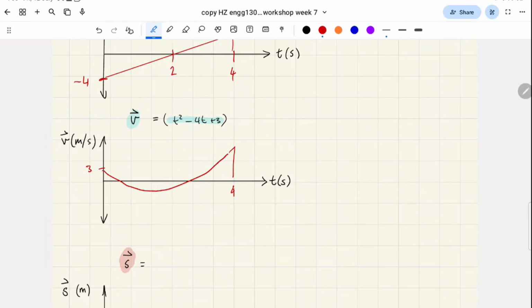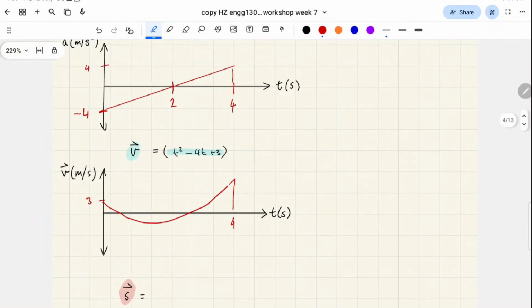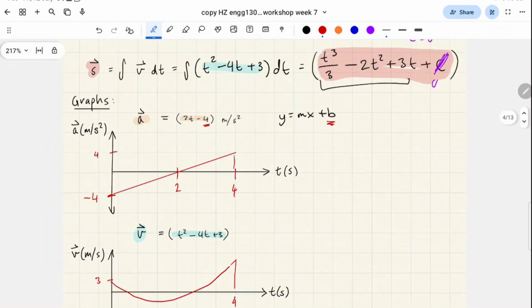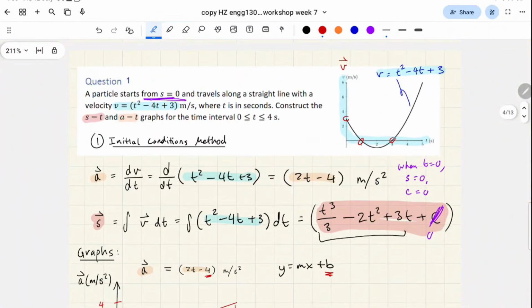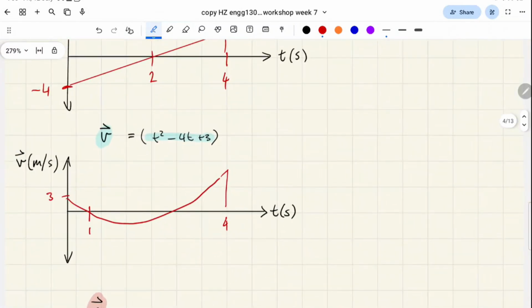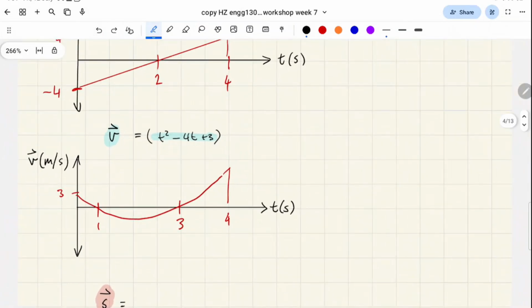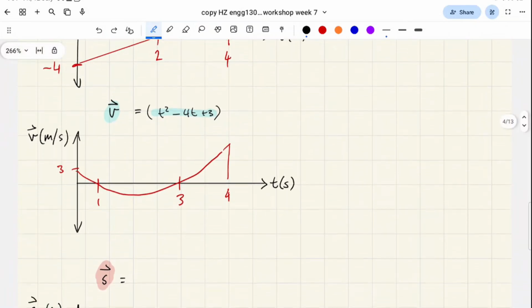Four seconds. You can actually look here, it already gives away the answers: 3, 1, and 3. But you can solve this by subbing in when v is equal to 0, and then finding the x-intercepts on a parabola.